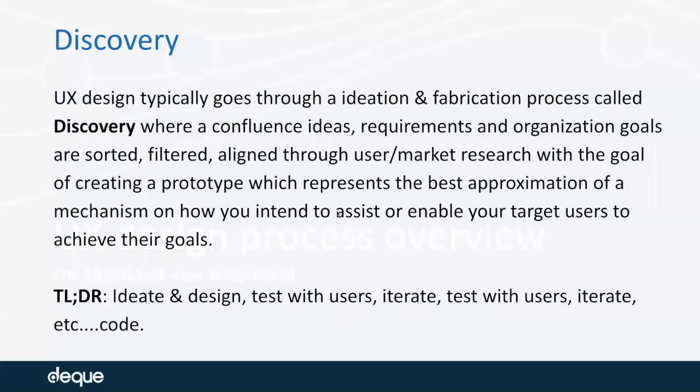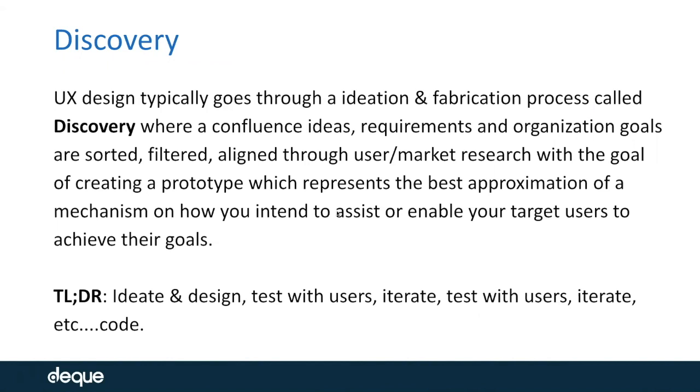Most UX design tends to go through a process called discovery. It's not always called discovery. Sometimes it's called rapid ideation, rapid iteration. A lot of people have different names for it, but the point is it's the part of the design process where a lot of the fabrication happens.